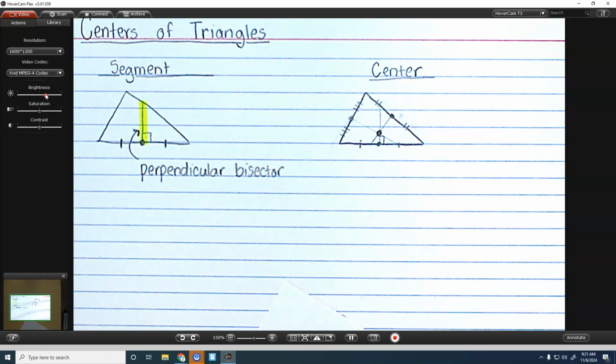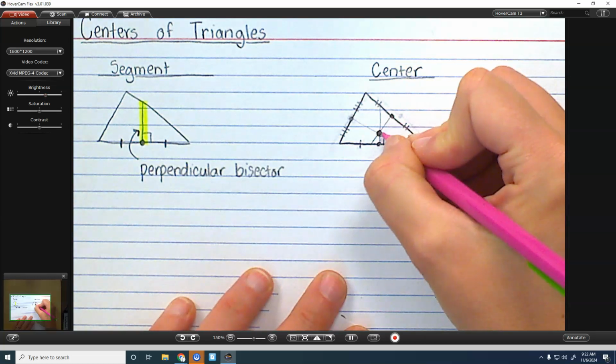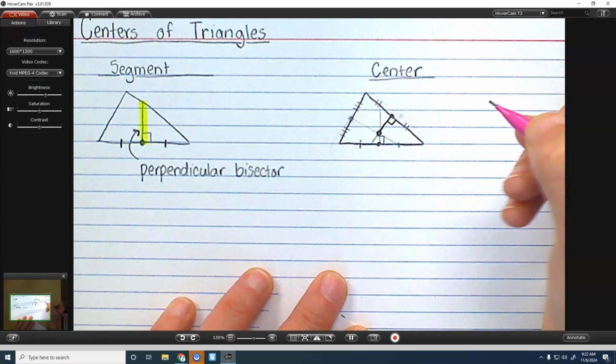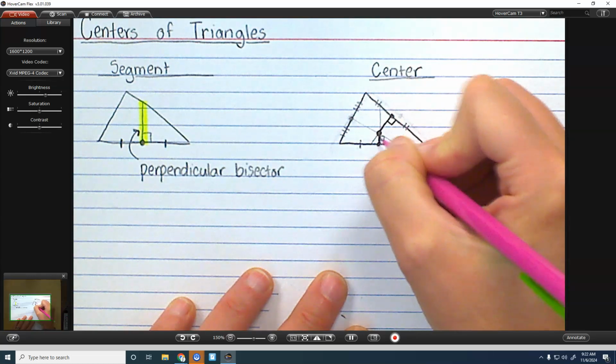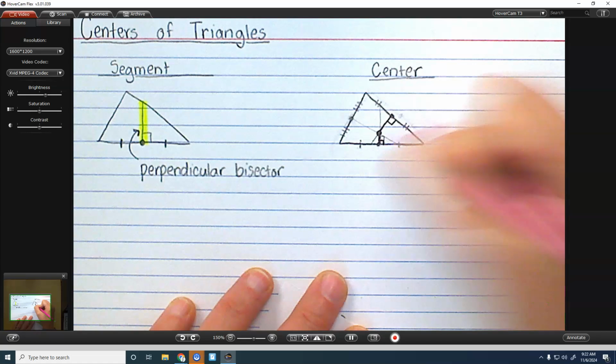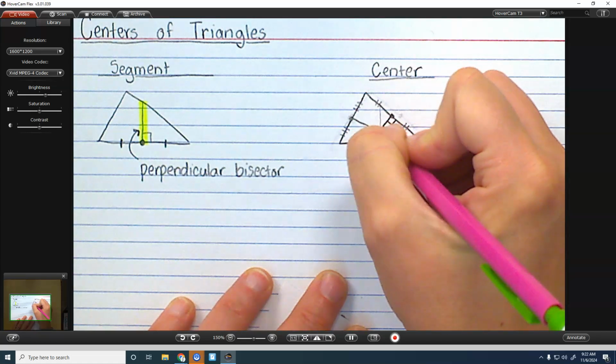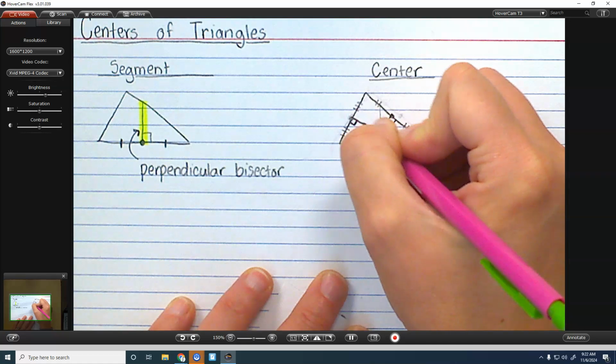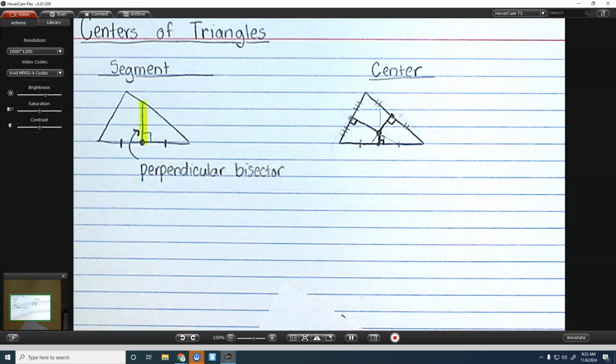Mine looks okay. So I'm going to highlight this piece, and this piece, and this piece. Those are my perpendicular bisectors. Those light lines are part of the perpendicular bisector, but a lot of times they won't be drawn in there.